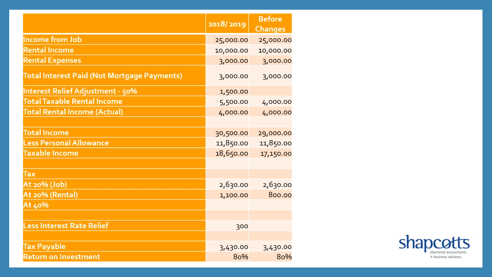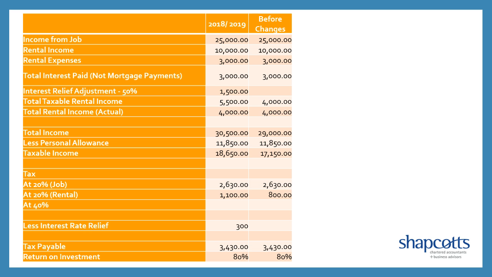So during this transition, that is 20% of the 50%. So that 1,500 times 20% gives us 300. So as you can actually see at the very bottom of the page, the tax payable is the same. The only impact is that your total income is now actually higher.